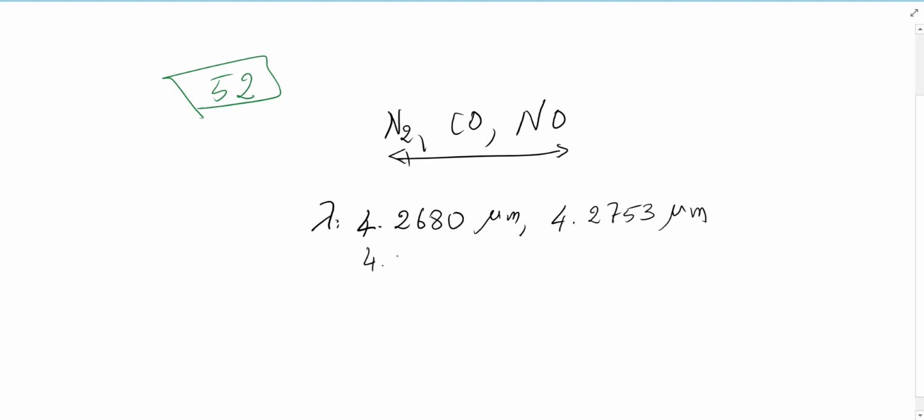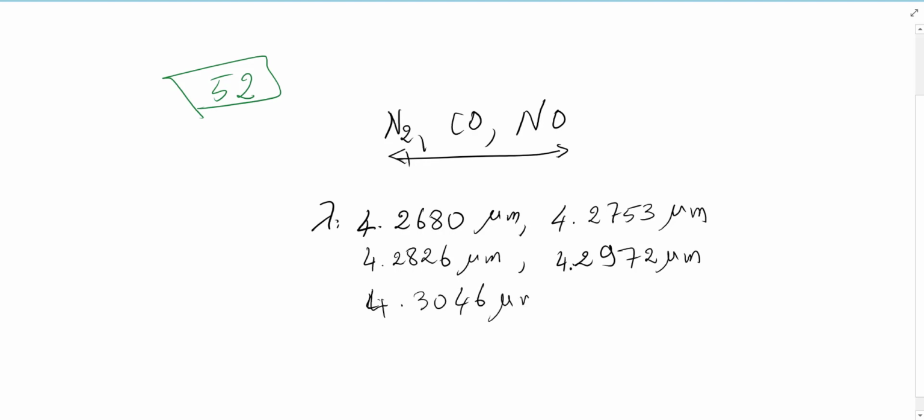4.2826 micrometer, and 4.2972 micrometer, and the last one is 4.3046 micrometers.